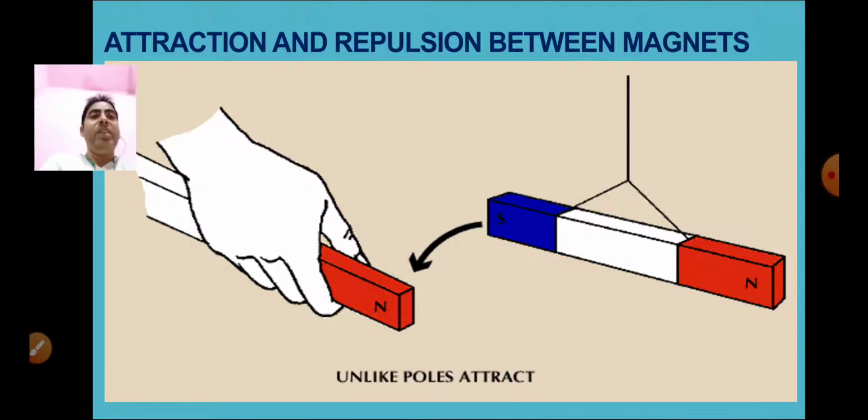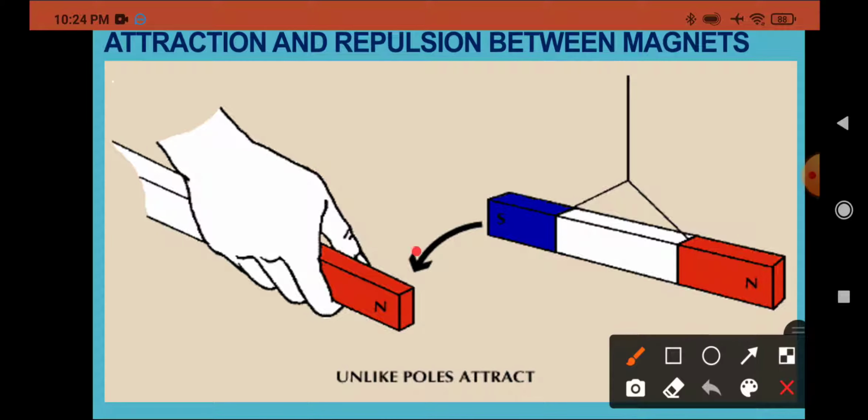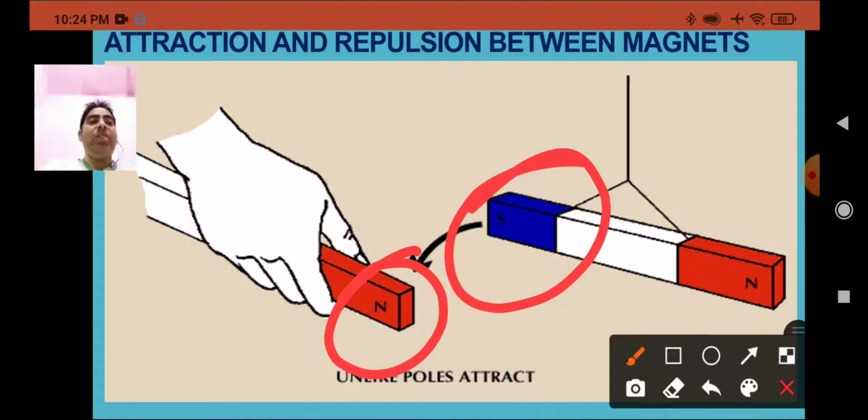We will see once again. These are unlike poles, that is north, and this is south.